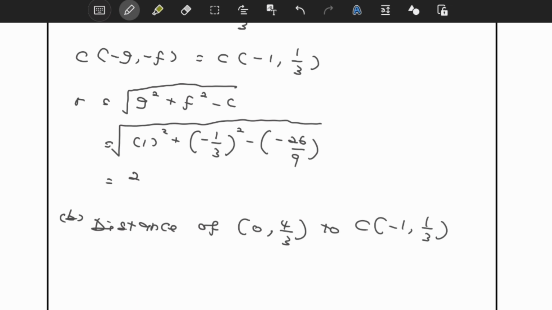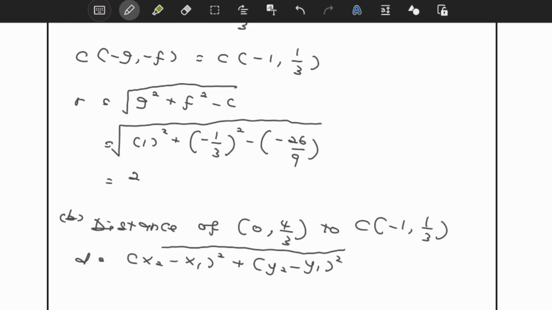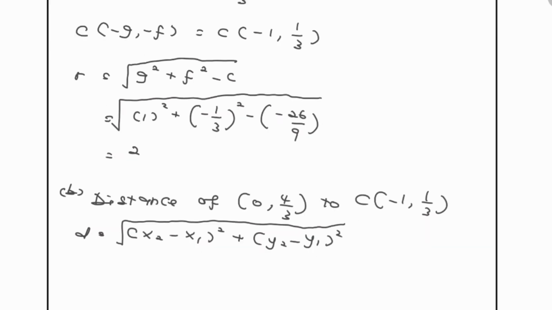By using the distance formula, d equals the square root of (x2 minus x1) squared plus (y2 minus y1) squared. It doesn't matter which one will be x1, x2, y1, y2.